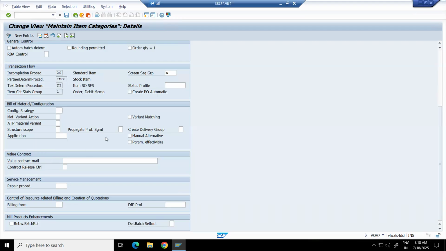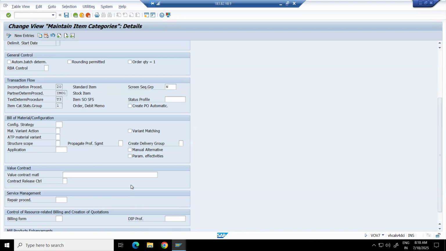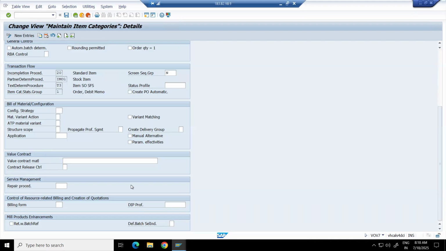Okay, what is next? You can write down this: value contract material.